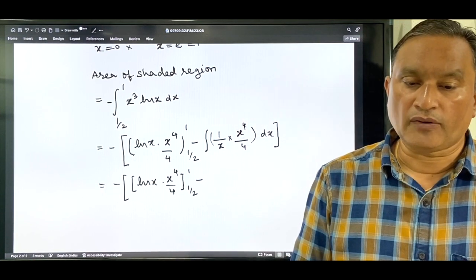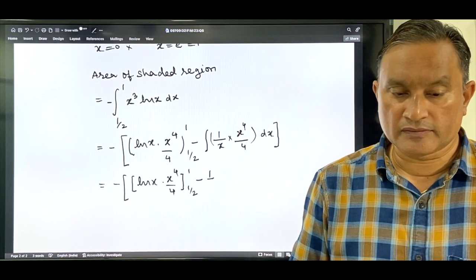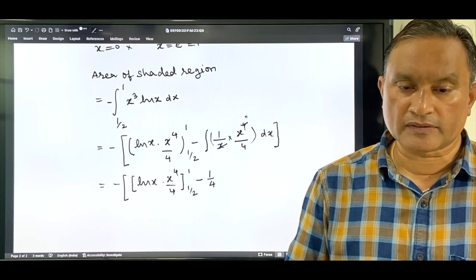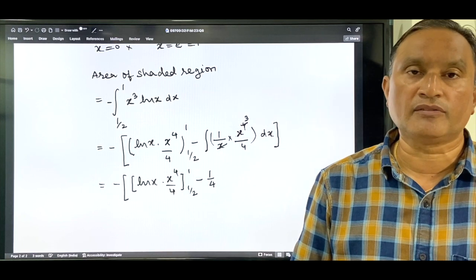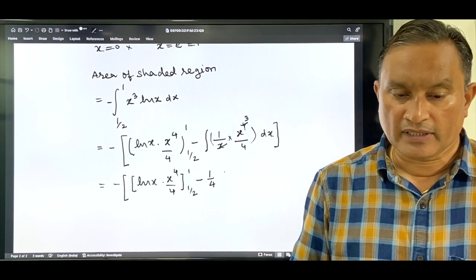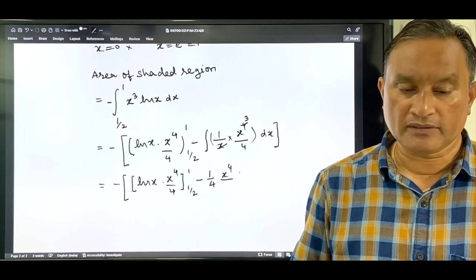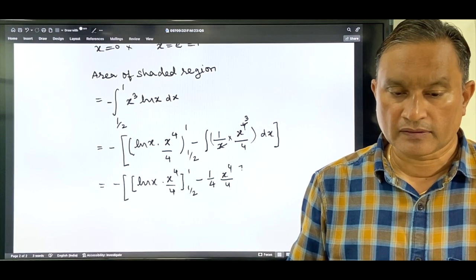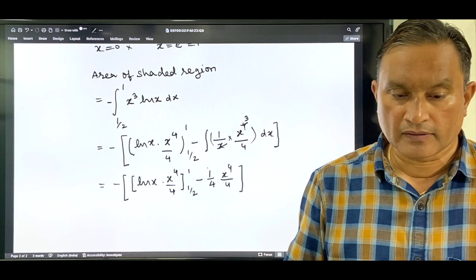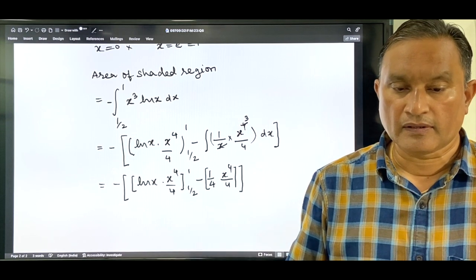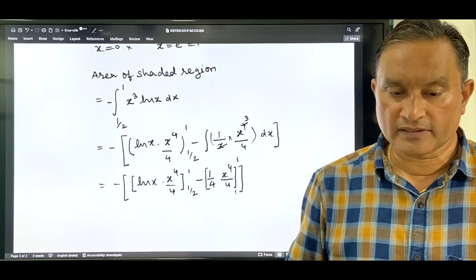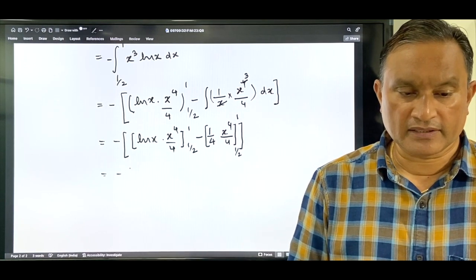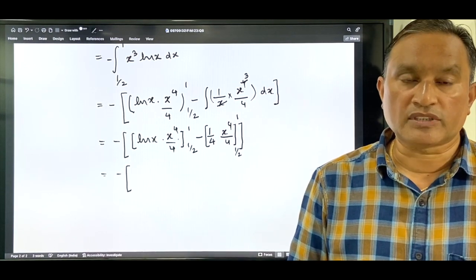Minus, now here 1/4 we will keep outside, and this x and x to the power 4 will cancel, so x cubed, and further we will do the integration, then again it would be x to the power 4 upon 4, with limits 1 and 1/2.